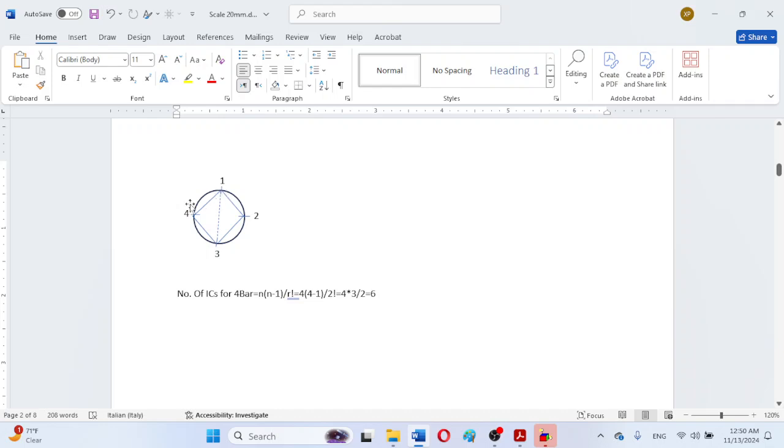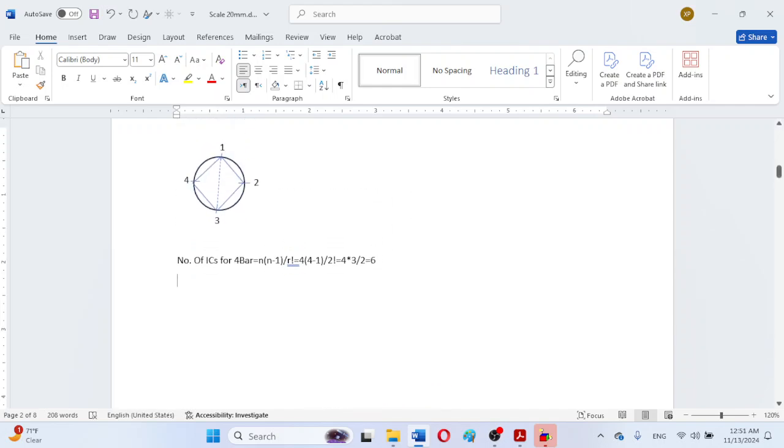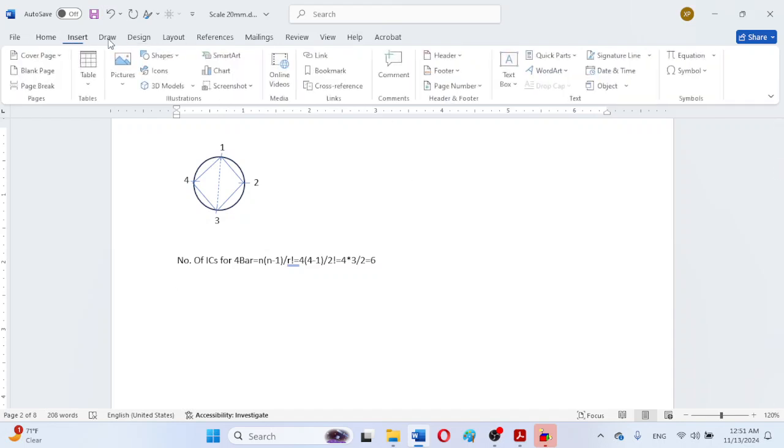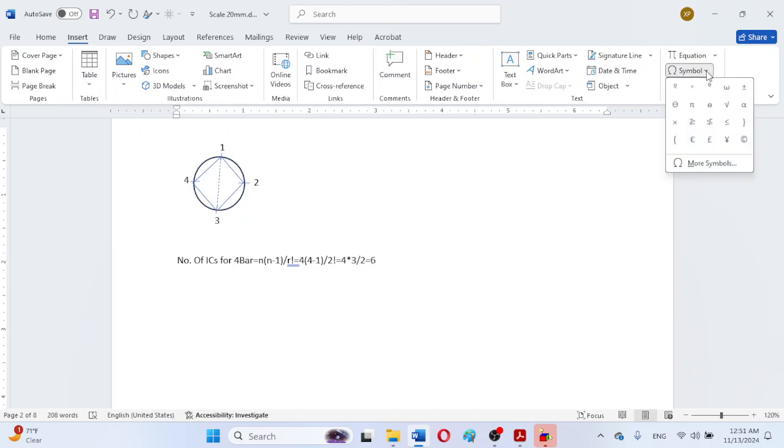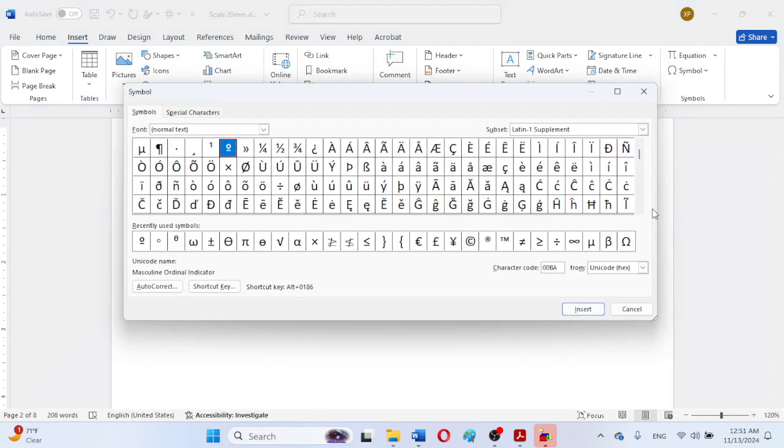So at this moment, as we can observe, this quadrilateral has been divided into two triangles. We can observe or write that here, and I can insert the delta or triangle symbol from here.